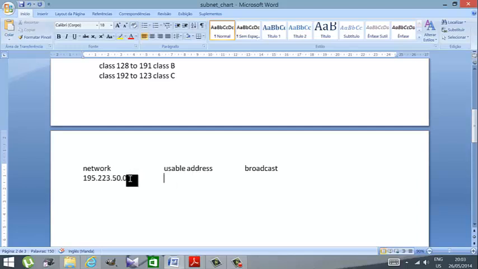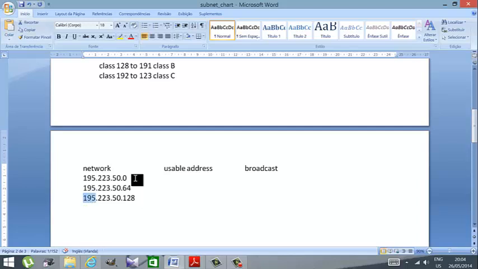I'm going to start from the first address that we have, 195.223.50.0, and the next network is going to start at 64, so it's going to be 195.223.50.64. The next network you keep adding 64, so it's going to be 195.223.50.128. The next one you add 64 again.